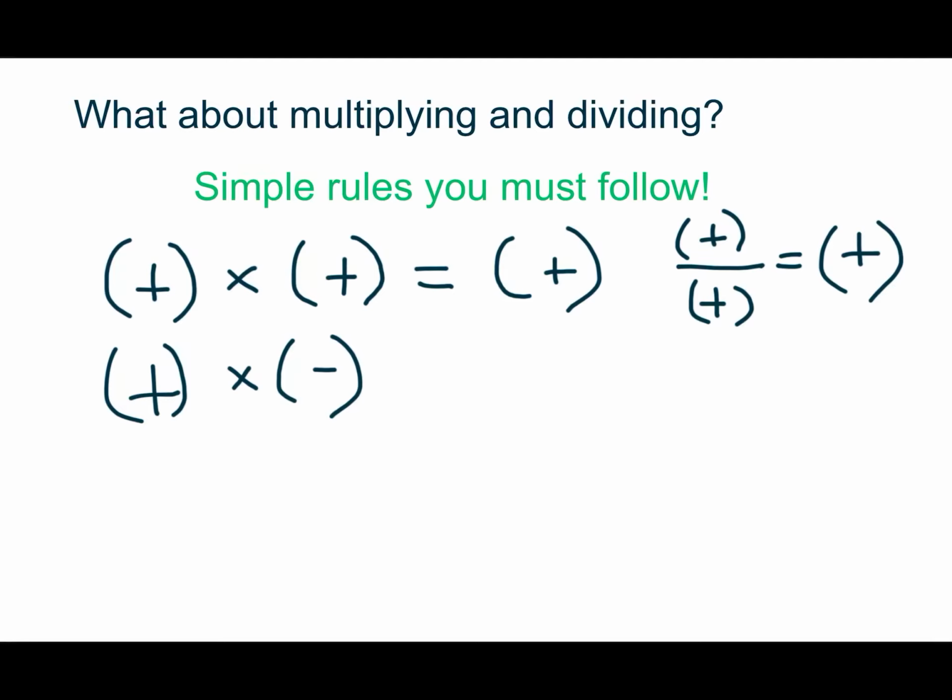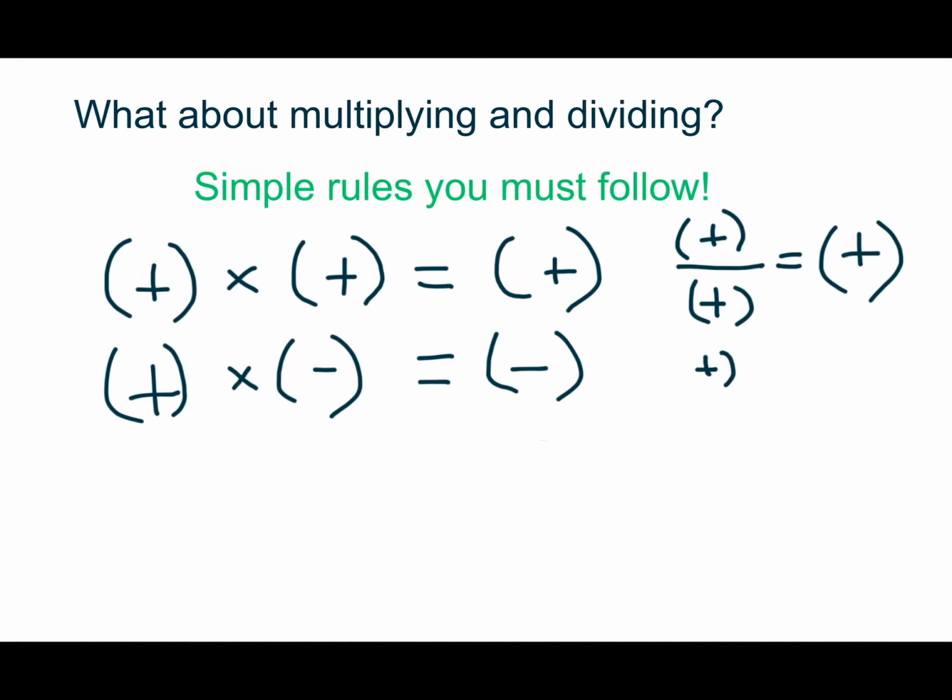The second rule is also easier to understand. If we think about debt again, okay? If you owe $1 to 5 friends, you're going to owe $5 total. All right, so a positive number times a negative number equals a negative number.